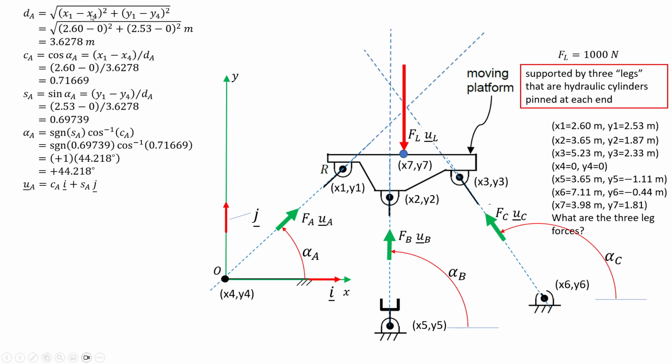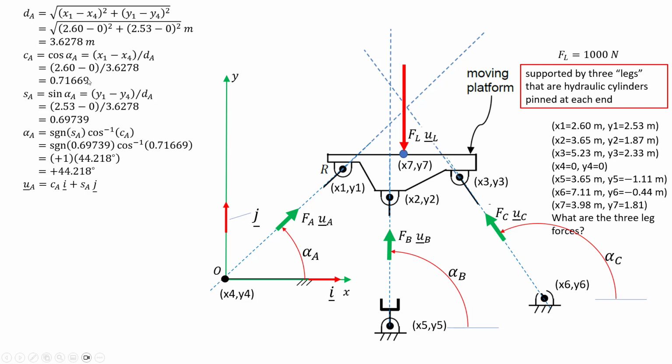And I've done that for my distance equation, and for my cosine equation, which is going to give me the adjacent for the triangle, the cosine of alpha A, the delta x over dA. And then the sine is going to be the opposite, or the delta y, using y4 and x4 as reference.